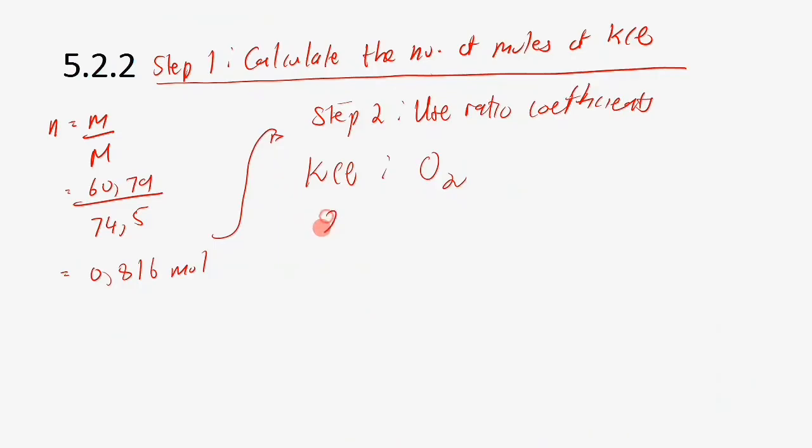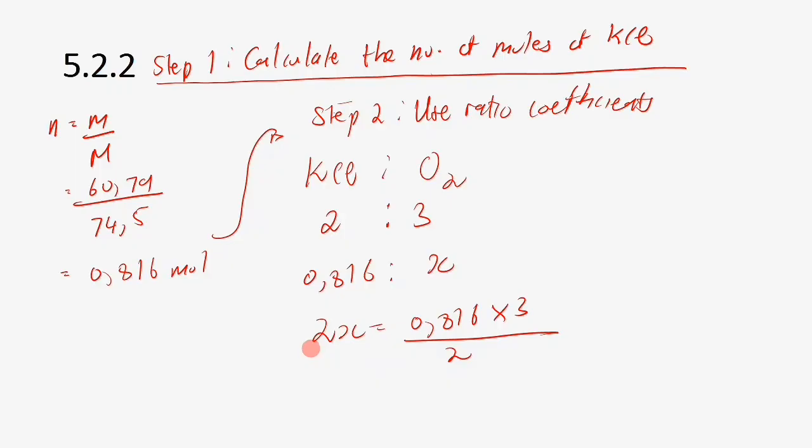So the ratio is 2 is to 3. Then we put our 0.816 just below potassium chloride because it is for potassium chloride, and x here for oxygen gas. So to calculate the number of moles of oxygen gas, it's 2x, cross multiply this 0.816 by 3, and then divide by 2, and then x is 1.224 mole, right?